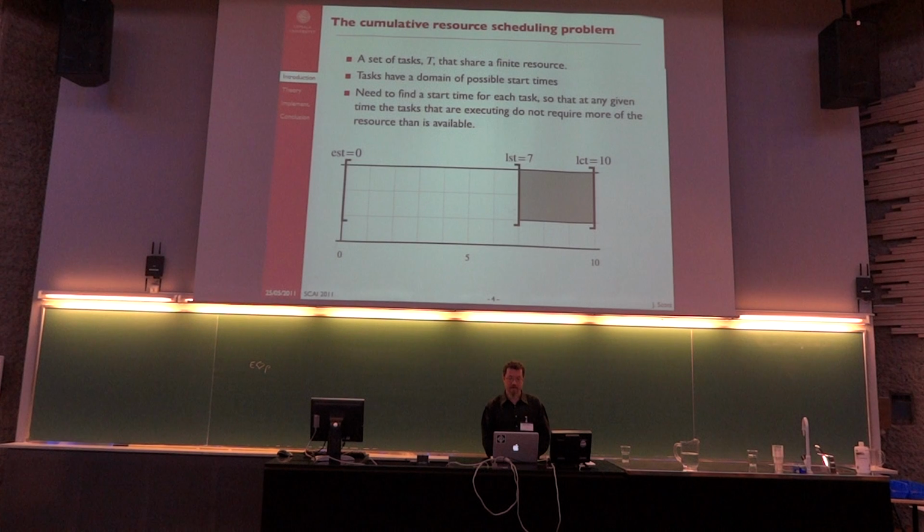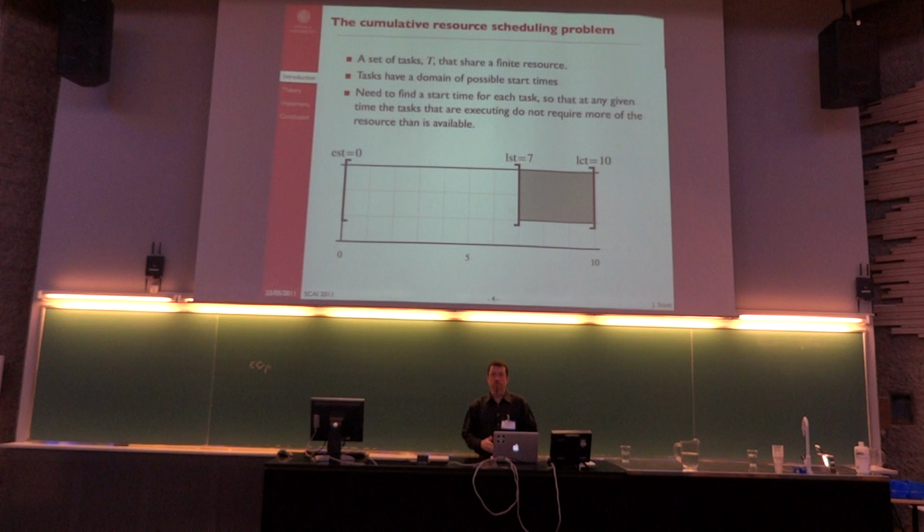Tasks are also defined by the domain of their possible start times. So this domain is bounded, in this case, by 0 on the lower end, which I've labeled as EST for earliest start time, and the upper bound of 7, which is the latest start time for the task.